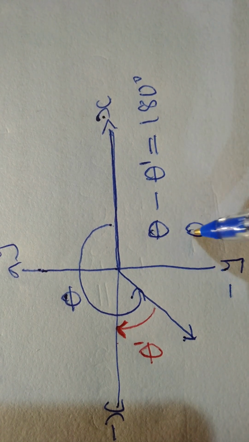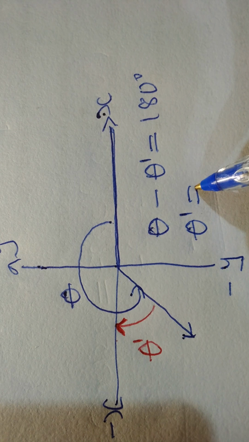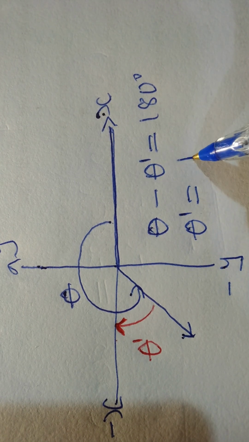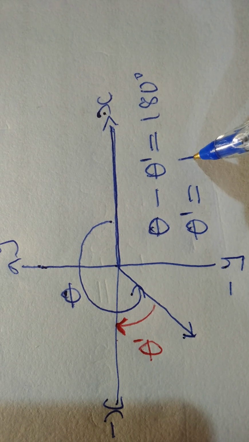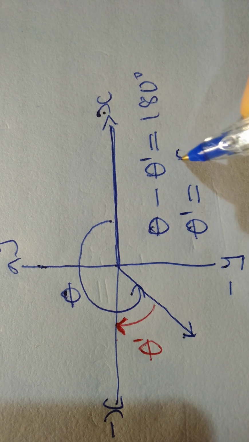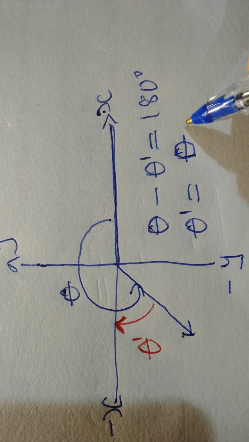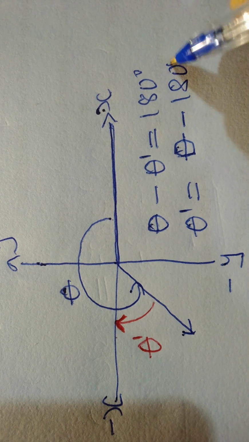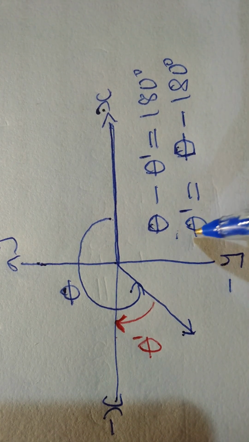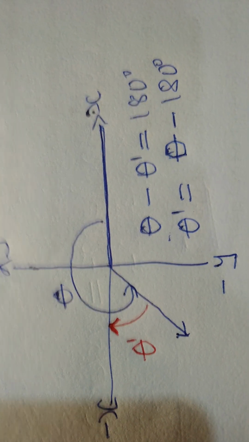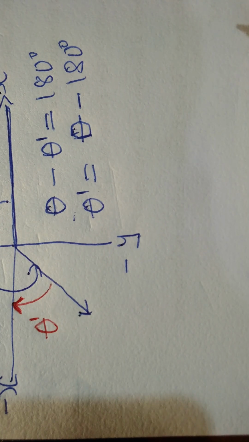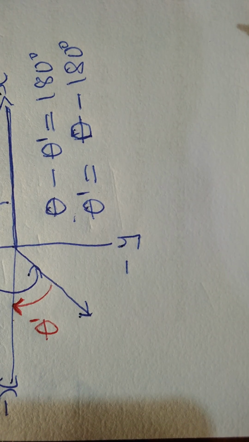Simplifying, theta prime will give you, don't forget, our theta is greater than 180 degrees, so it's going to give you theta minus 180 degrees. So this is how to obtain our reference angle in the third quadrant. Theta prime, which is our reference angle, is going to be equal to theta minus 180 degrees.